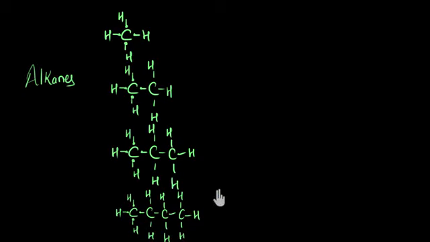Now let's try to find out their general molecular formula. For this, let's write down the molecular formula of each of these compounds. So methane here has 1 carbon and 4 hydrogens. So its formula is going to be CH4 because there are 4 hydrogen atoms. Similarly, this compound has 2 carbon atoms, so C2, and there are 6 hydrogen atoms. So C2H6.